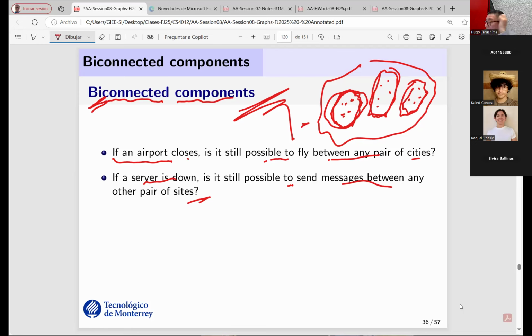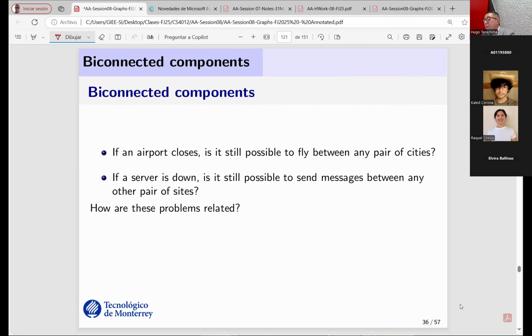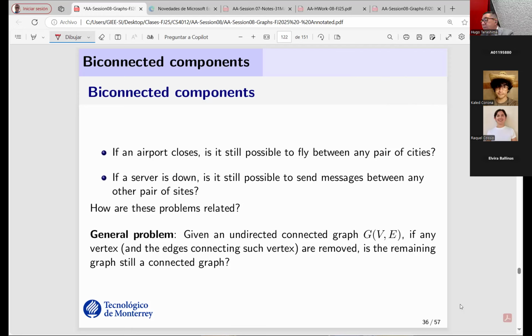And with the algorithm for finding bi-connected components, for example, right? So the problem in general is, given an undirected graph G(V, E), if any vertex and the edges connected to such vertex are removed, is the remaining graph still a connected graph? That is the intention of the bi-connected components, right?